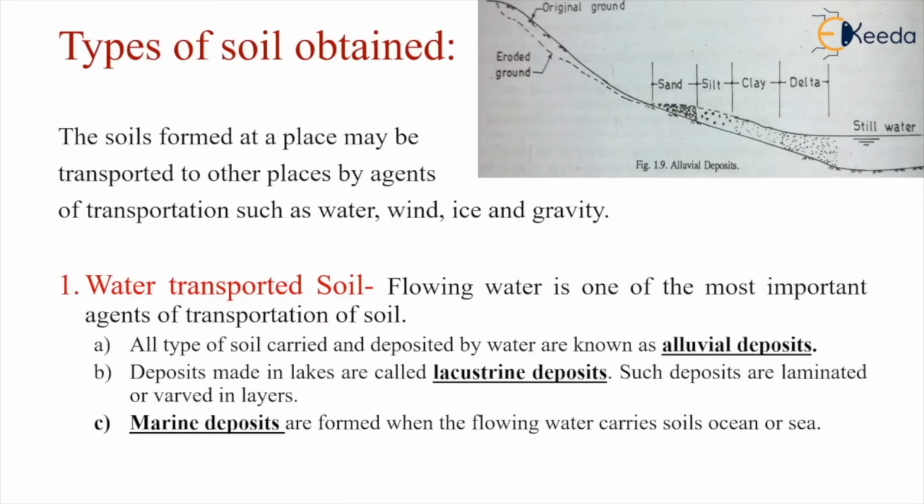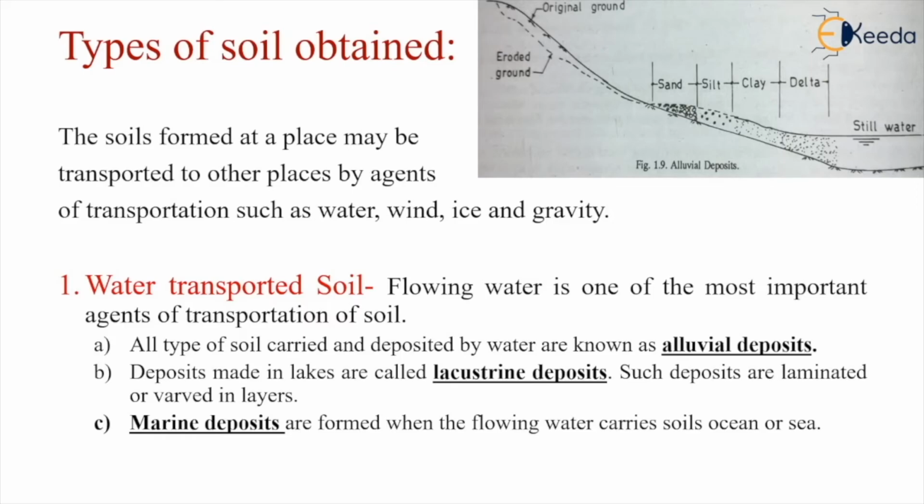The first type of soil obtained is water transported soil. The name suggests itself that the soil is transported by water. Here, flowing water is one of the most important agents of transportation of soil. These points are to be noted carefully.